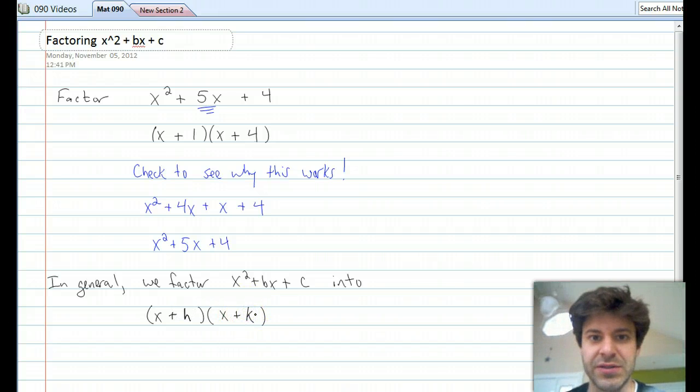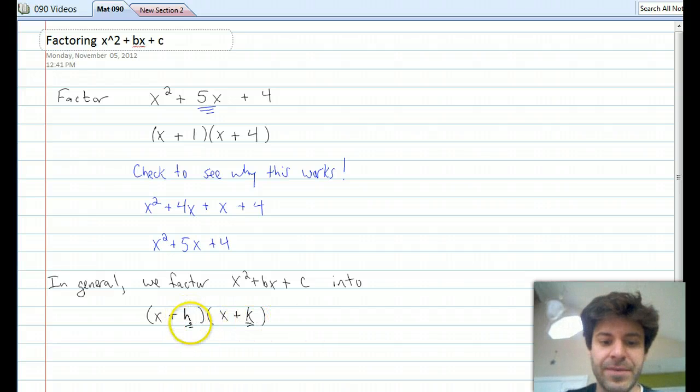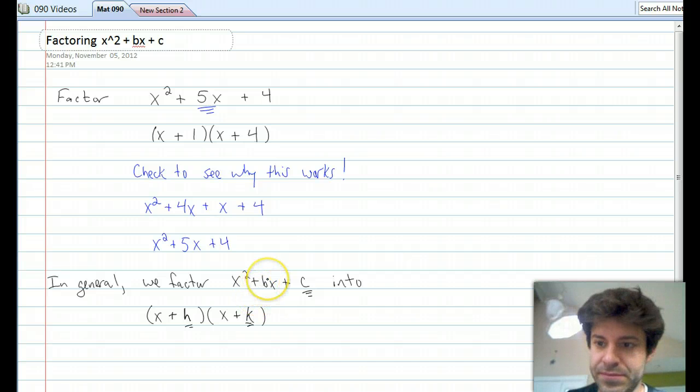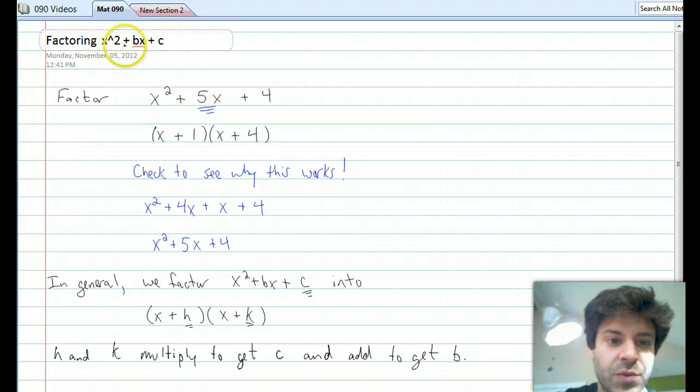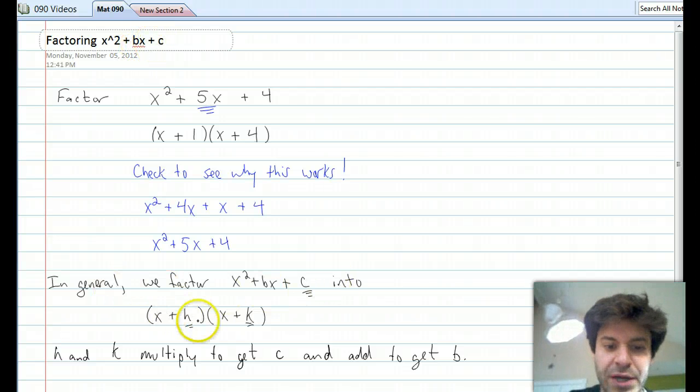Whatever these two numbers are, the rules are that these two numbers have to multiply to get c, and these two numbers have to add to get b. I'll write that down. There's our general rule for factoring trinomials of this specific form, x squared plus some number x plus another number. We factor it into two binomials, and those two numbers in the binomials, the h and k, have to multiply to get c, and they have to add to get b.